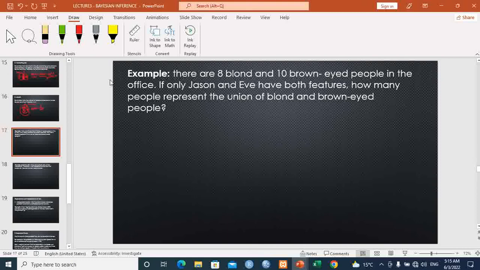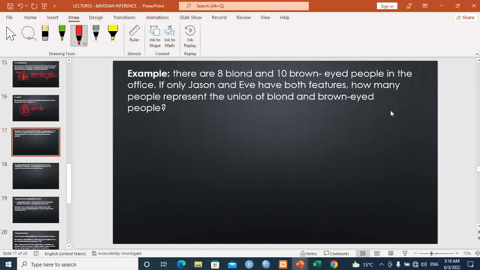For example, we have 8 blonde and 10 brown-eyed people in an office. I don't know if this is applicable in Africa. Do we have brown-eyed people? So we have 8 blonde and 10 brown-eyed people in an office.